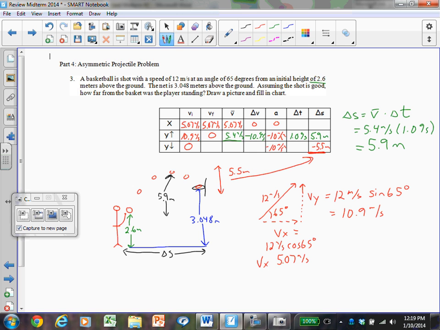So this is going to be a minus 5.5 meters that it's going to fall. And now we could solve for VF. So VF squared equals VI squared plus 2A delta S. And VF squared equals 0 plus 2 times minus 10 times minus 5.5 meters, or 110.